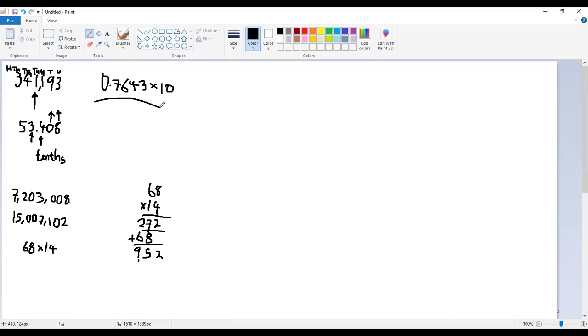You do 0.7643 times 10 equals. Then now, since 10 has 1 zero, you move the point one step forward. When you say forward, which direction, left or right?